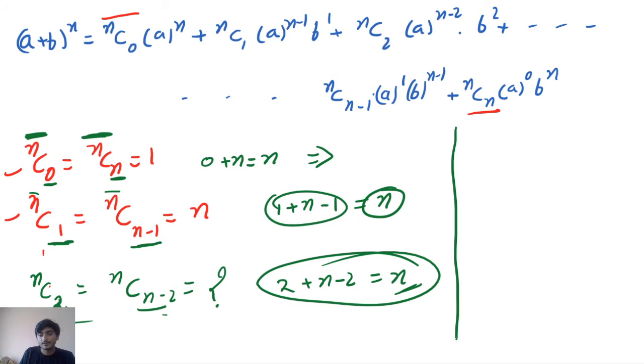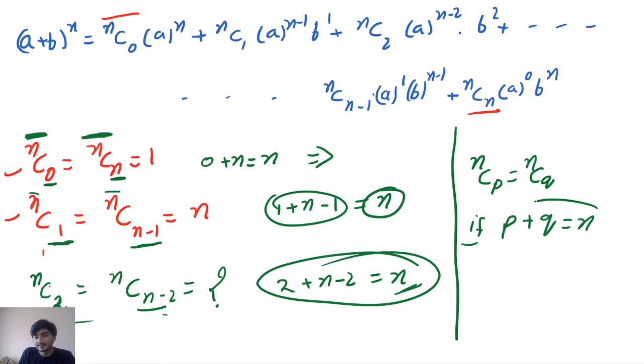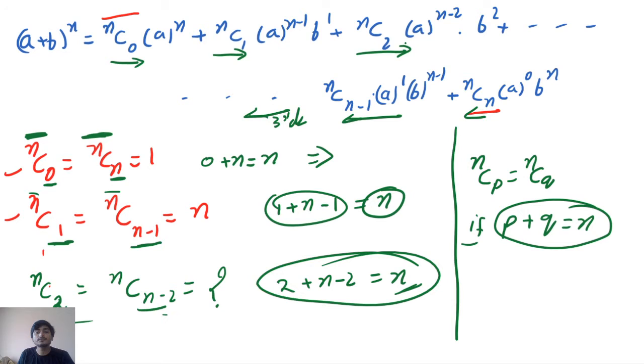So like that, if I have to define a term, I can always write nCp is equal to nCq if p plus q is equal to n. If you see the same arrangement in this one, whatever is coming from the last, first, second last from here, second from here, third last from here, and third term, this will always be equal.